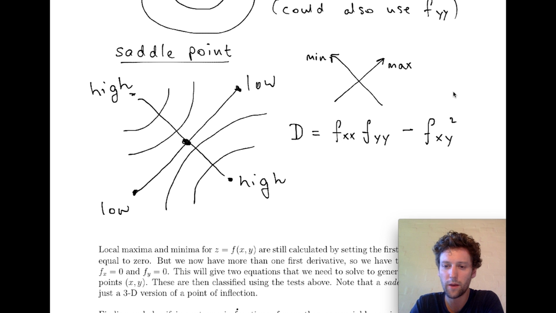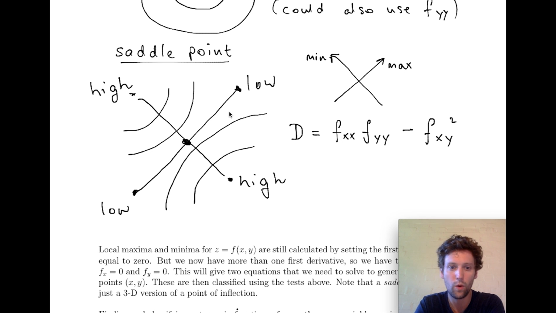So how can we understand where this formula comes from? Well, one way to think about it is that imagine that I have no mixed derivative. Imagine that my function is perfectly aligned along the x direction and the y direction.